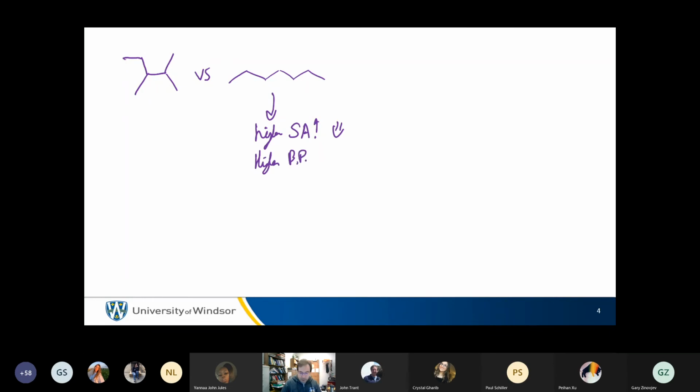Okay, I saw somebody say amide. So let's compare an amide versus a similar ester. So which of these would have a higher boiling point?